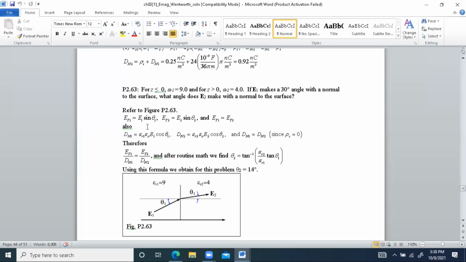So D normal 1 now is going to be epsilon times E normal 1. E normal 1 is E1 cos theta 1, which is this. Right?